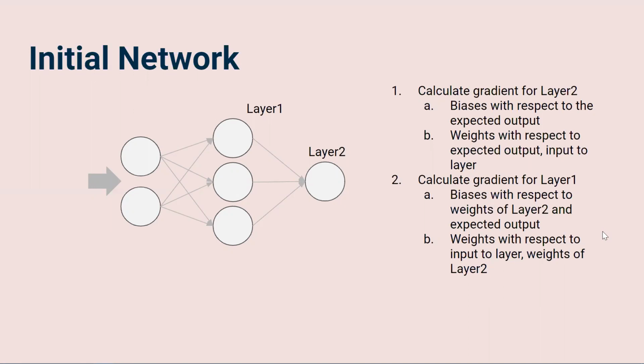So first, we'll calculate our gradient using layer 2, since we'll start from the back and work our way to the front. And then we'll also calculate the gradient for layer 1. And this is just for a very simple neural network. So next slide.